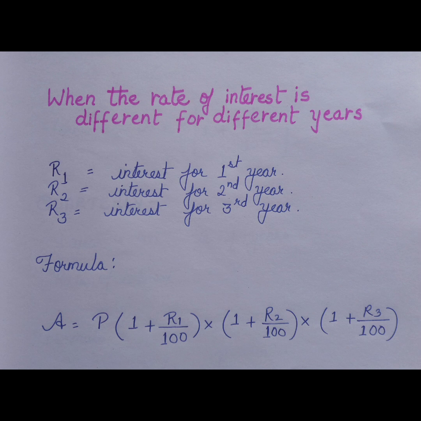A is equal to P in bracket 1 plus R1 upon 100. We'll multiply it while closing the bracket. Again we'll open the bracket. In the next bracket it will be 1 plus R2 upon 100, and again multiply, and then in next bracket it will be 1 plus R3 upon 100. So this is how the interest will be calculated for different years.